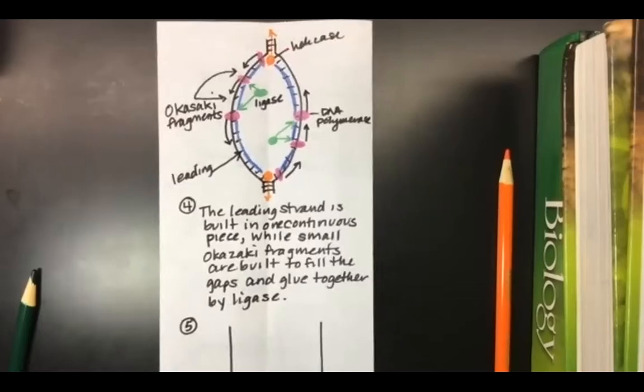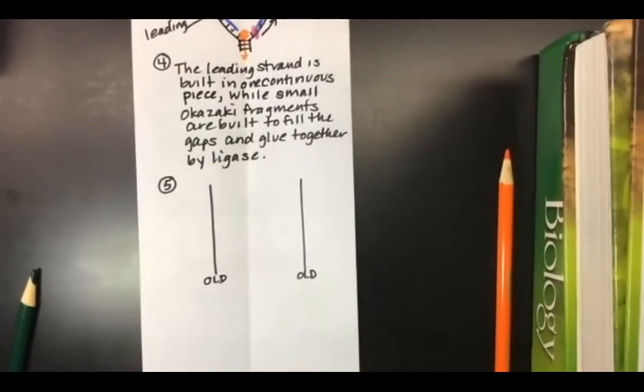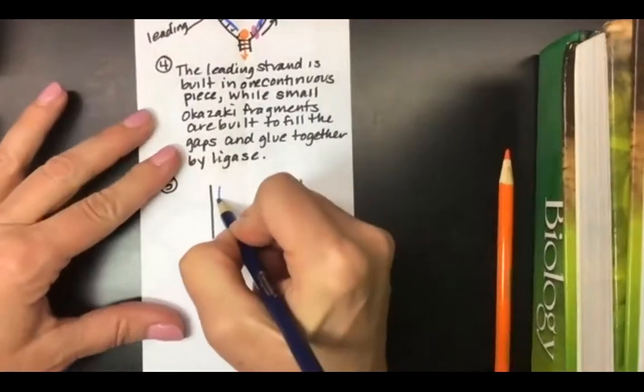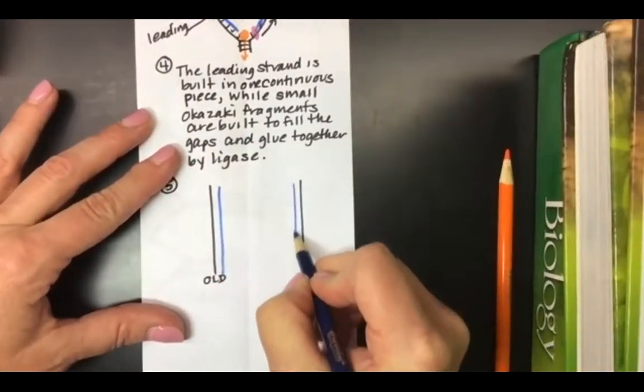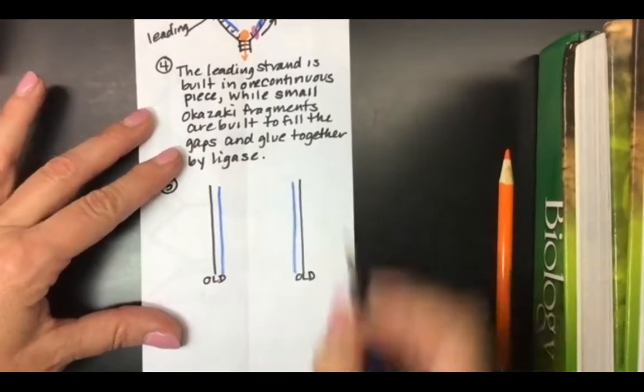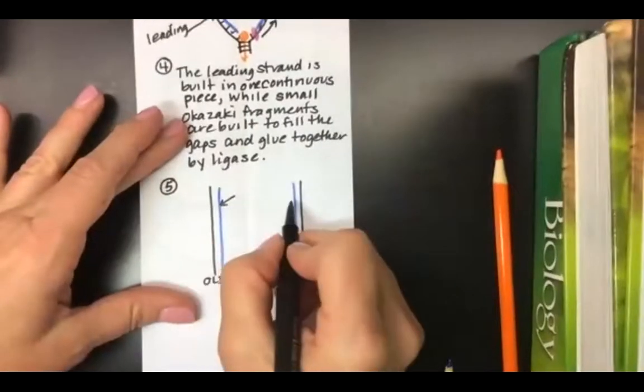My two old pieces, oops, sorry guys, you can't see at home. And my two new pieces. Notice that the new pieces are on the inside, right? So these are my two new pieces.